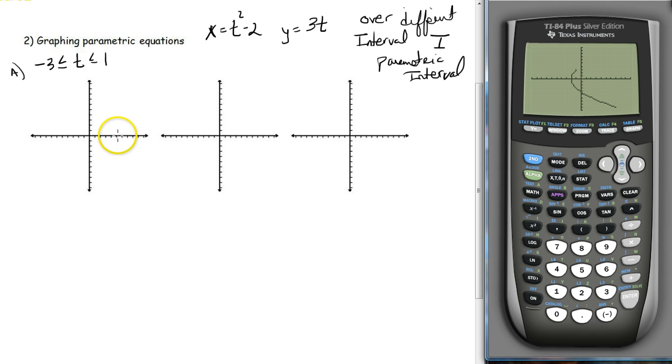So 1, 2, 3, 4, 5, 6, 7, and I'm just going to eyeball this a little bit. And I could calculate the values that way. Or we're just going to look at this graph and we're going to say -1, and it's about 1, 2, 3. And it crosses here at -2. And 4.5, 5. So this is what I'm looking at.